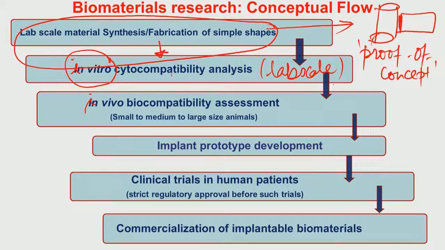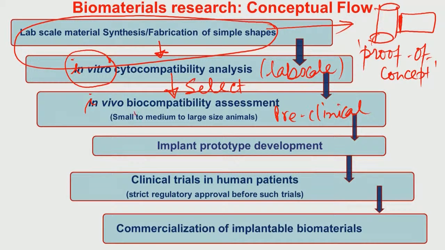Next level, once you select a material from a group of materials which will have the best combination of both physical property and in vitro cytocompatibility property, you select that material and then go to the next stage of research, called in vivo biocompatibility assessment, and this is also known, as I said before, as preclinical study.